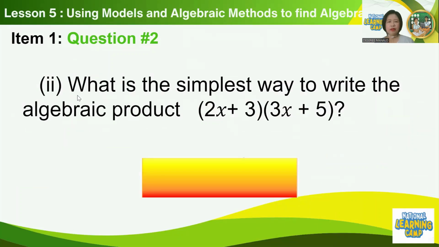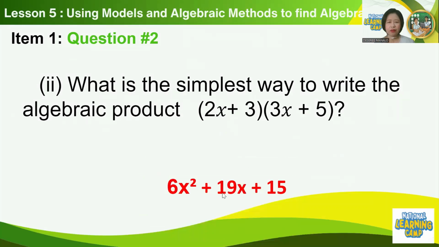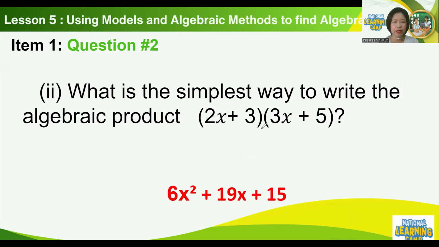For question number 2ii, what is the simplest way to write the algebraic product? The quantity of 2x plus 3 times the quantity of 3x plus 5. Our answer is 6x squared plus 19x plus 15. How did we get the product of 2x plus 3 times 3x plus 5?